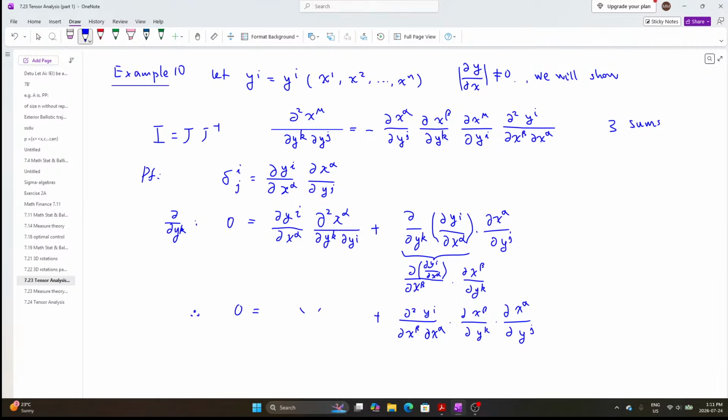So let's take a look at this expression and compare it with what we wanted. We want the second derivative of x with respect to y. So how do we isolate that? That's the question. Because we can't just move this to one side and divide by this factor, because there are summations involved.